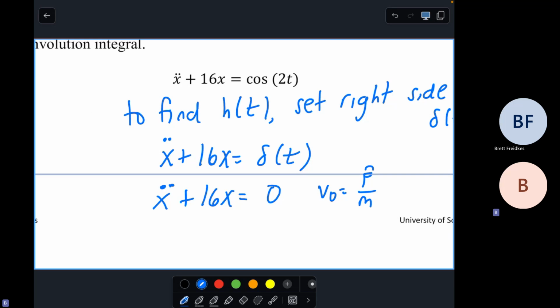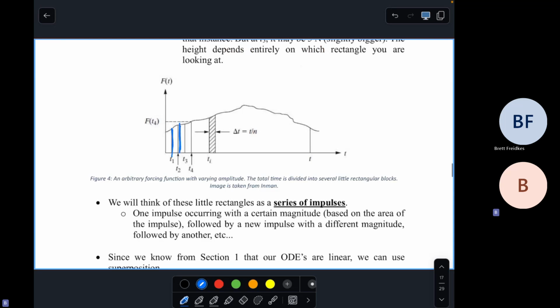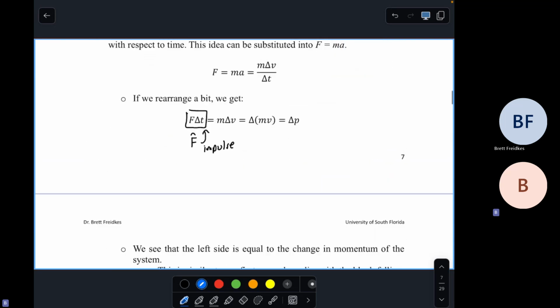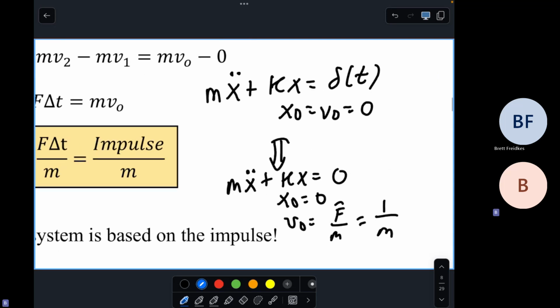You have to start studying. That's what I wrote earlier. I can convert this forced vibration response to free vibration, assuming the initial velocity is based on the impulse. This is so important.